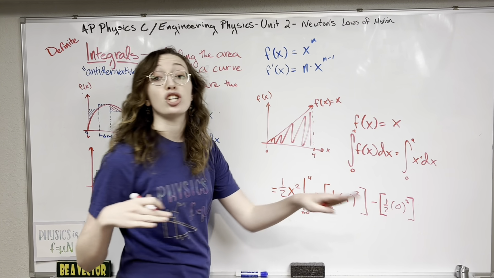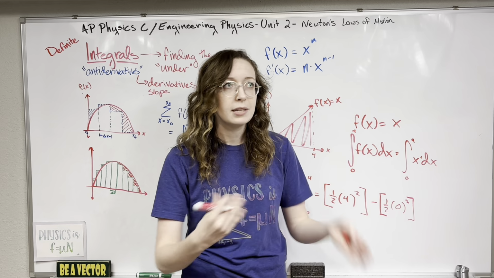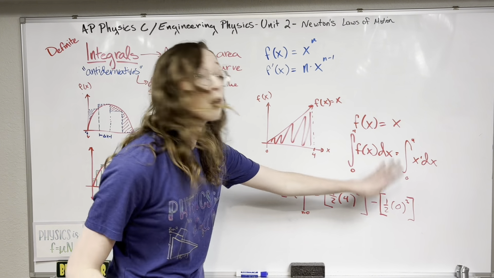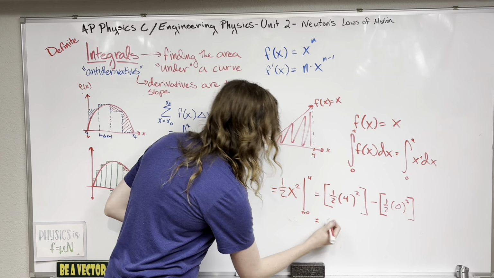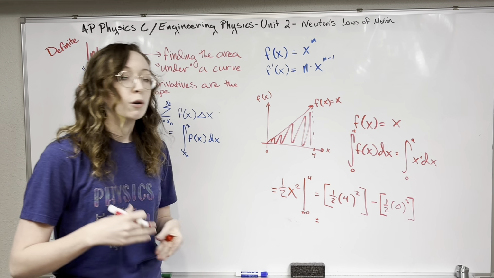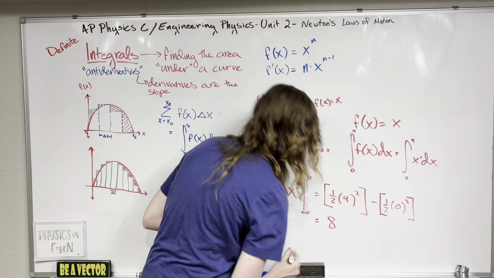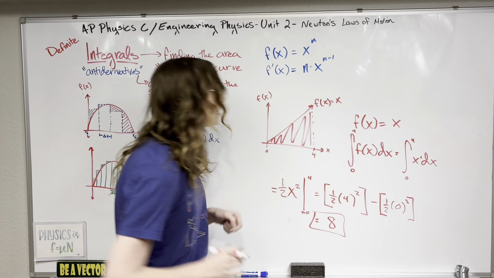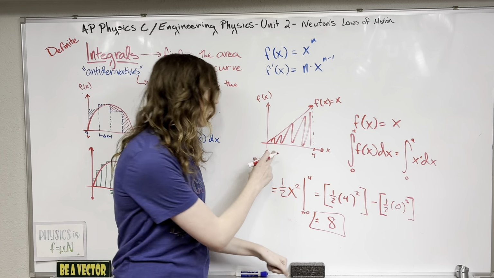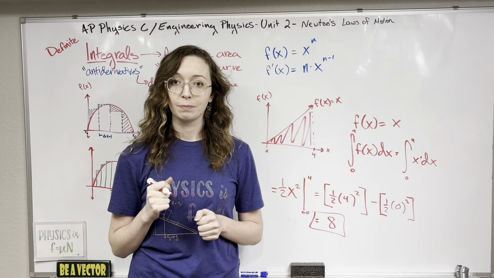Well, thankfully, that's just 0. 0 squared is 0, times 1/2 is 0, so that goes away. I can ignore him. 1/2 of 4 squared, well 4 squared is 16, half of 16 is 8, so this is just equal to 8, and that is the area underneath my line from x equals 0 to x equals 4.